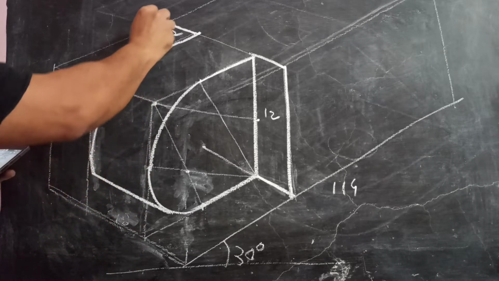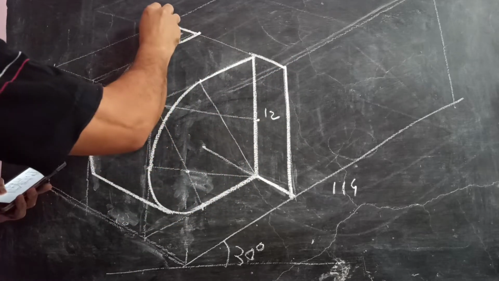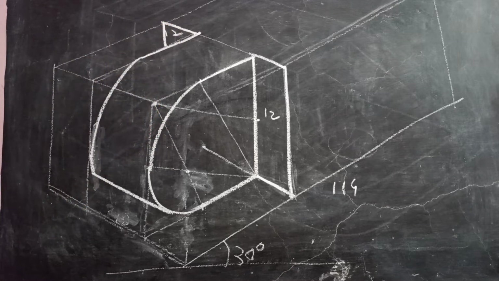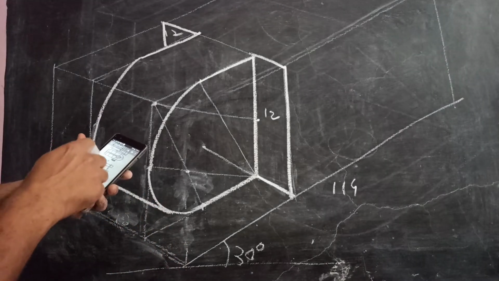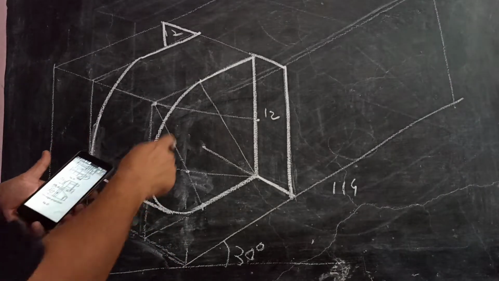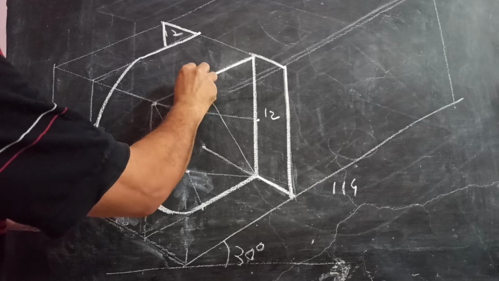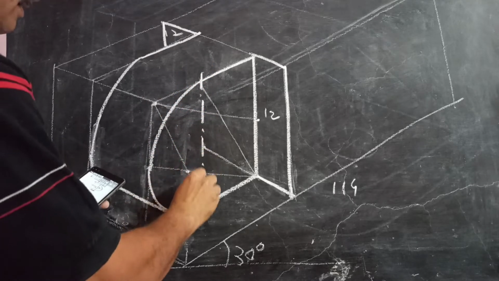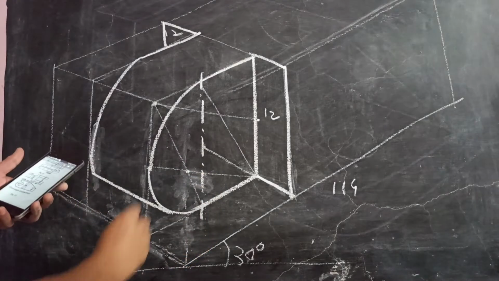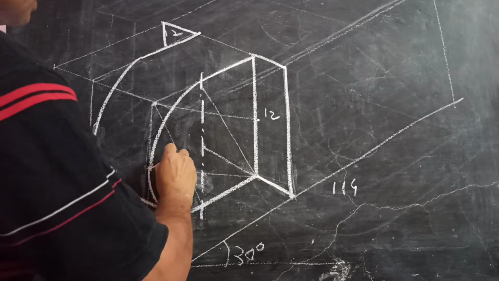Then from here draw a vertical line parallel to this because there is a surface here going downward. Then there is a circle here. In this there is a circle, so this is the central line which is vertical. Then this is the central line which is horizontal.